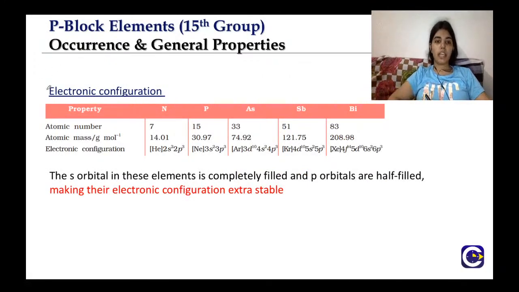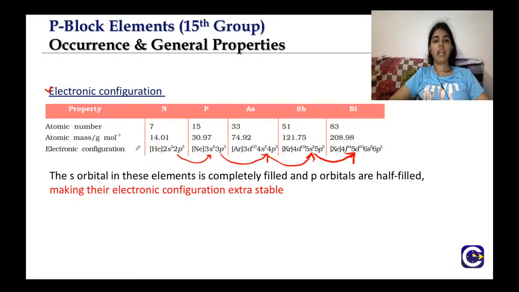Now coming to the electronic configuration: atomic number increases down the group, as we already know, and atomic mass also increases down the group. The electronic configuration will be 2s2 2p3 for nitrogen, one shell added, 3s2 3p3 for phosphorus, one shell added, 4s2 4p3 for arsenic, one shell added, 5s2 5p3 for stibium or antimony, one shell added, 6s2 6p3 for bismuth.